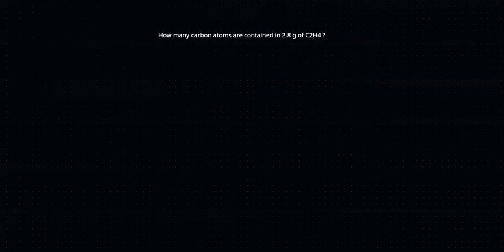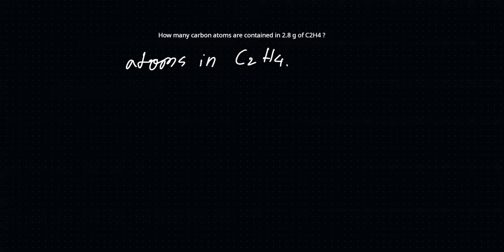We're asked to see how many carbon atoms are in 2.8 grams of C2H4. So in chemistry, remember, we always go from grams to moles to atoms, or the other way around.